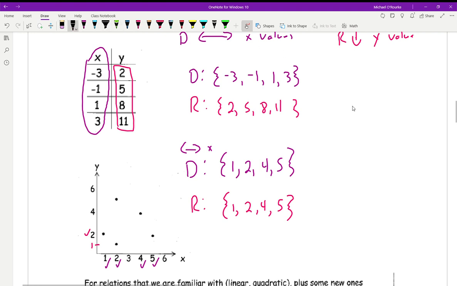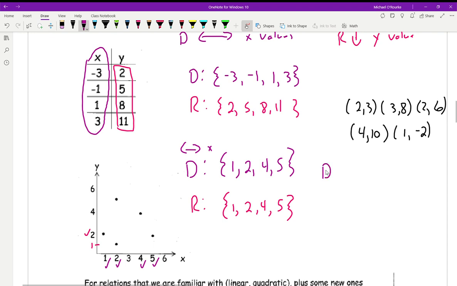We could also do one more. If I was given a list of points, like (2, 3), (3, 8), (2, 6), (4, 10), and (1, -2), my domain, if you remember, is my x components.